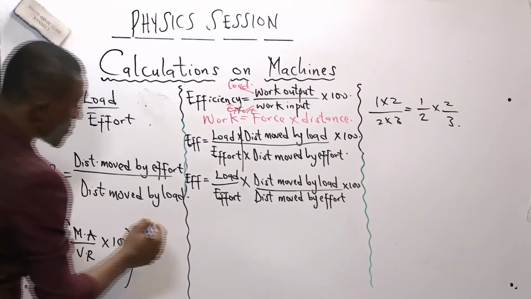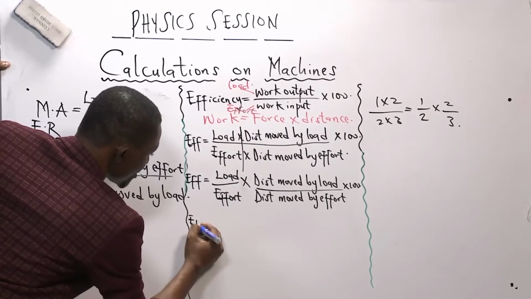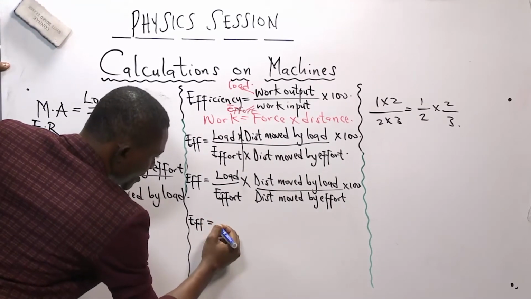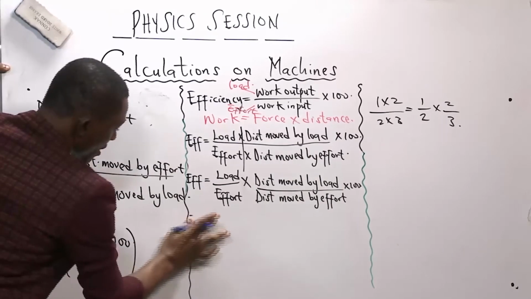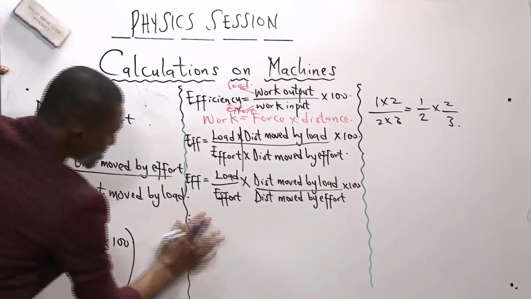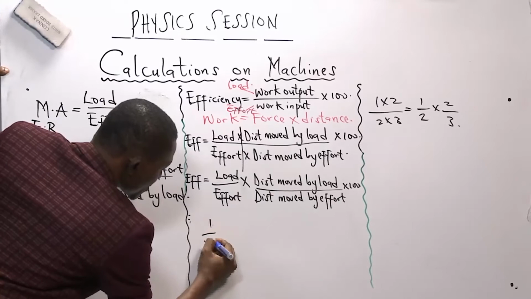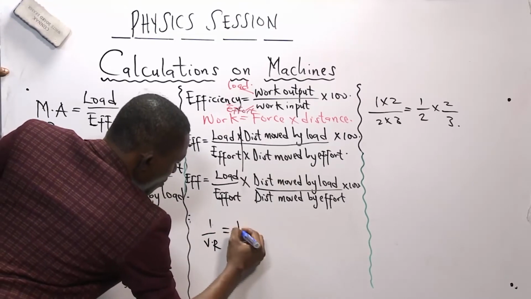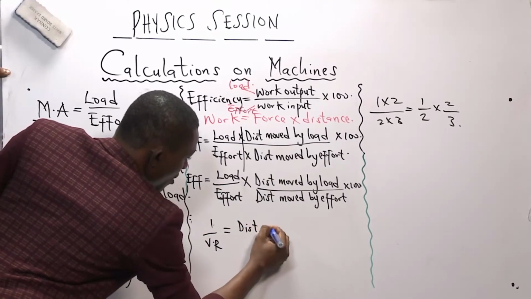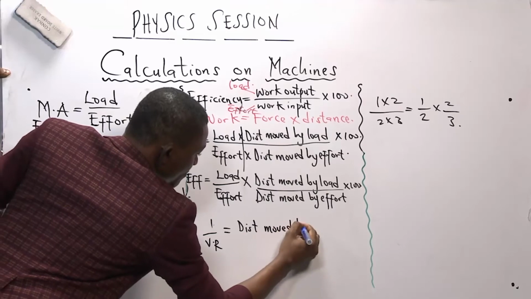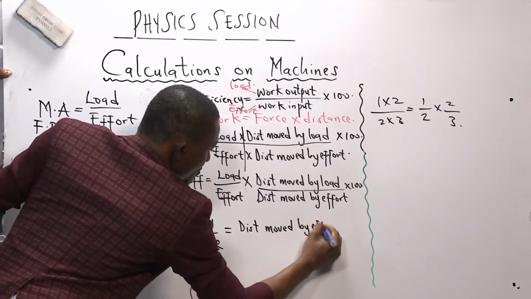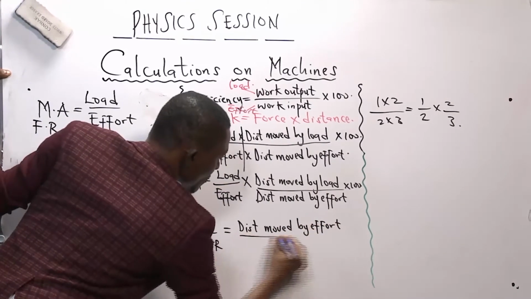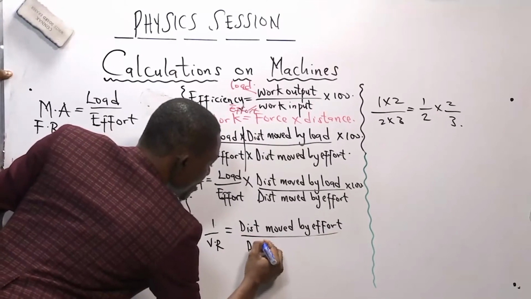Then from here we can say that 1 over velocity ratio is equal to distance moved by effort over distance moved by load.